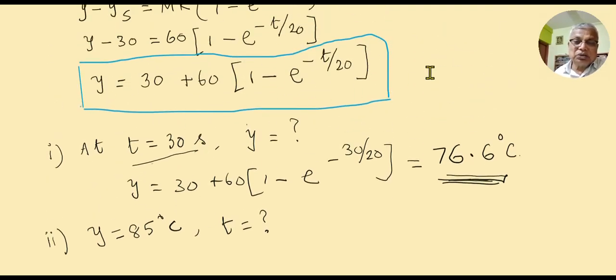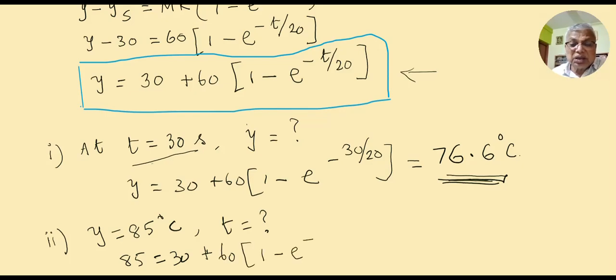So go back to the response equation and substitute y equal to 85 and find the time. 85 equals 30 plus 60 into 1 minus e power minus t by 20.